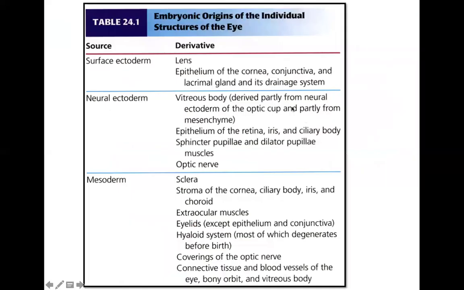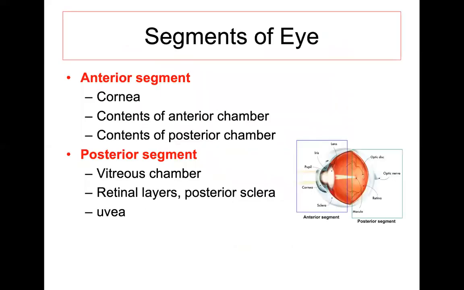These are the derivatives of the eyes from these three embryologic sources: your surface ectoderm, your neural ectoderm that gives off these structures, and then your mesoderm. Just kindly take a look at the specifics of these embryonic structures.